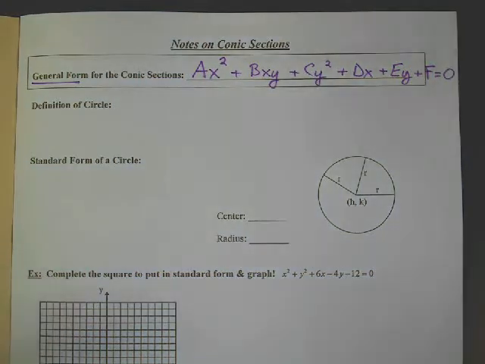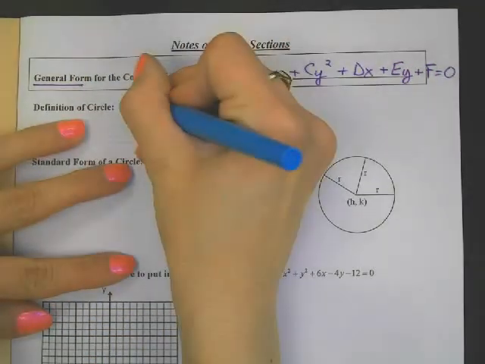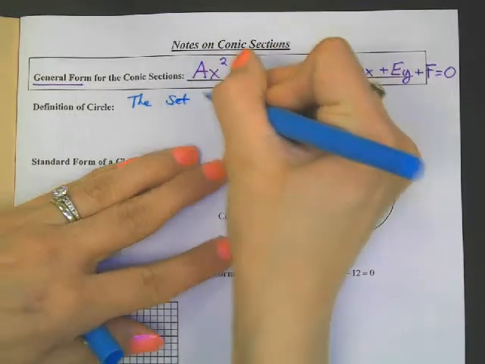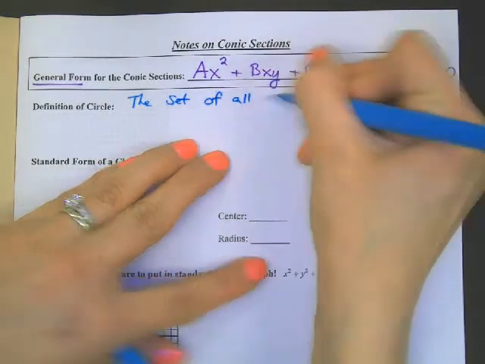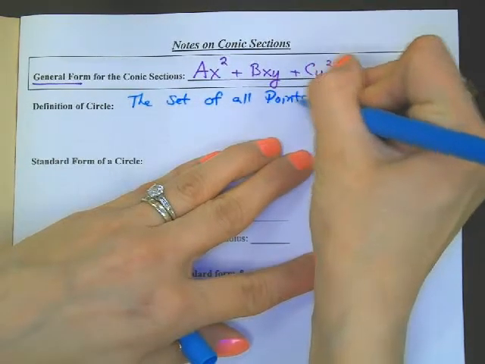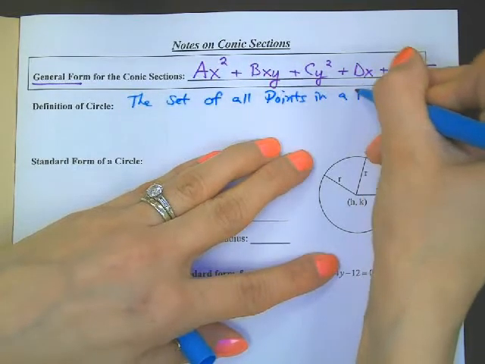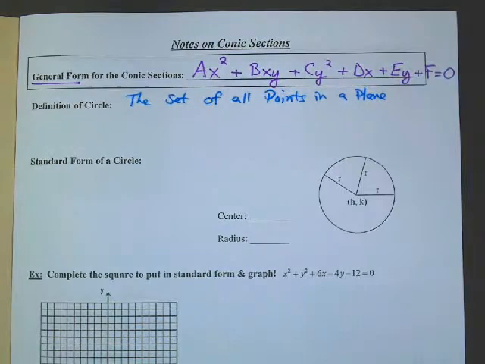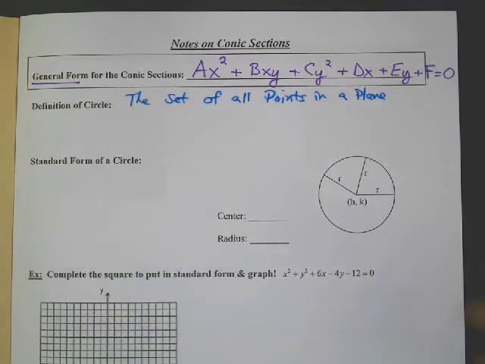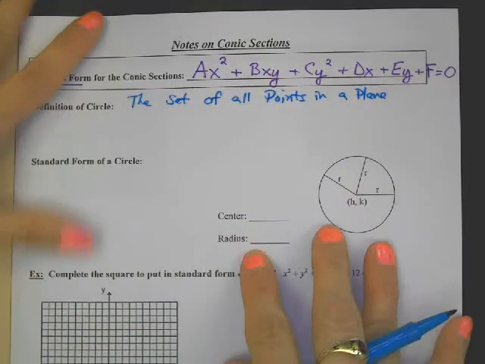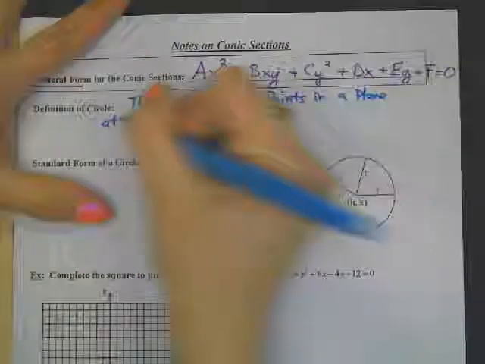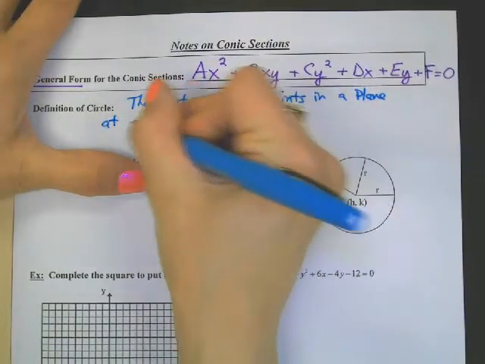So today we're going to investigate circles. A circle is the set of all points in a plane. So of course it's a bunch of points in a flat surface at a fixed distance.